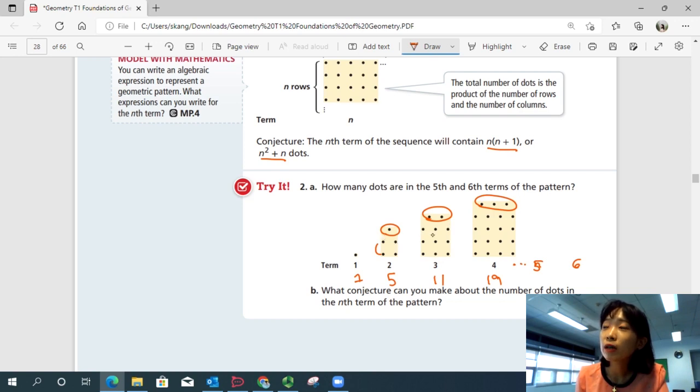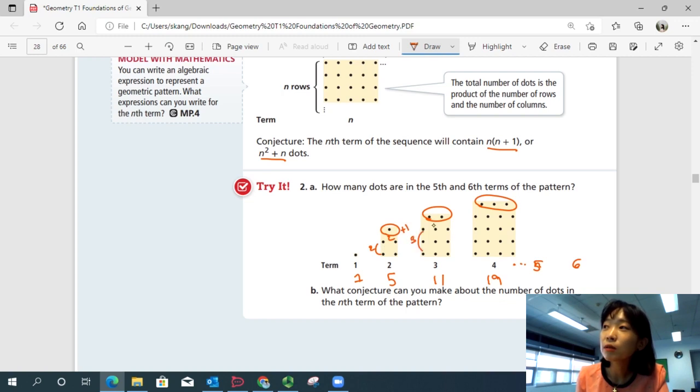The rows and columns of the squares that we see are squares. So the dots that we see for rows and columns correspond to the number of terms. You see that? So then you can already figure out a pattern that's 2 times 2 plus 1.